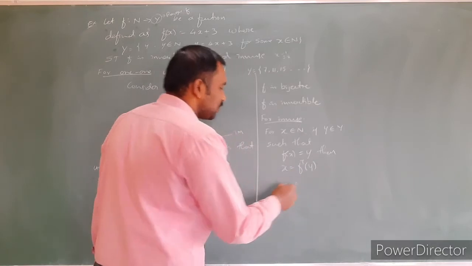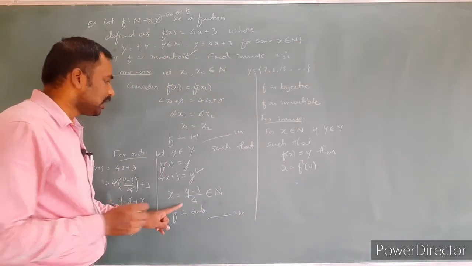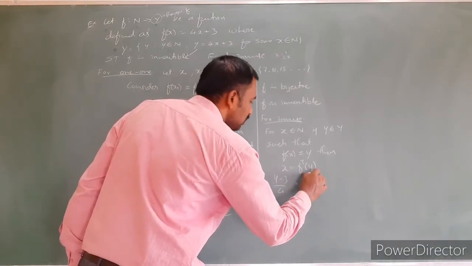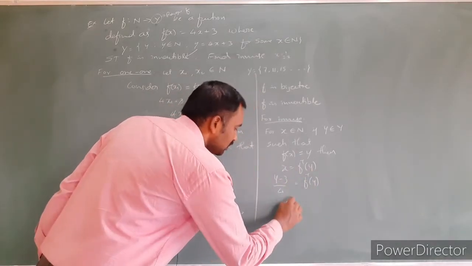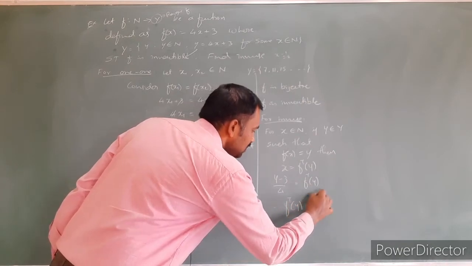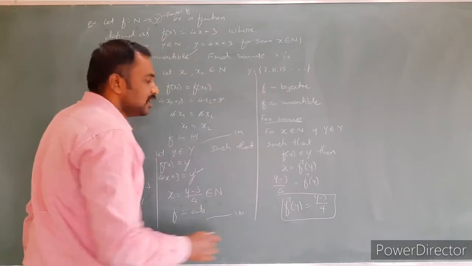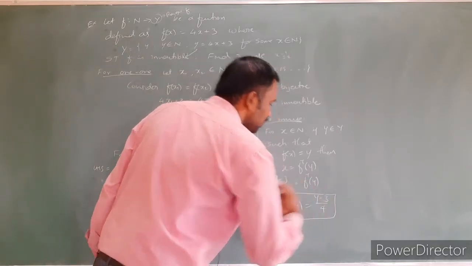So the x value, you already know. What is the x value? (y − 3)/4 is equal to f inverse of y. Therefore, f inverse of y is equal to (y − 3)/4.